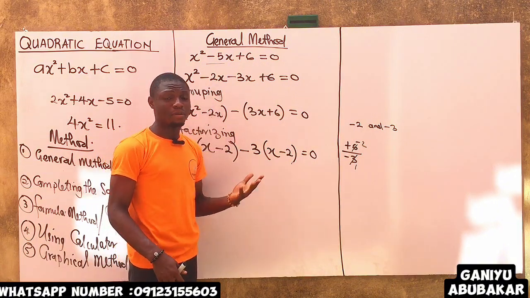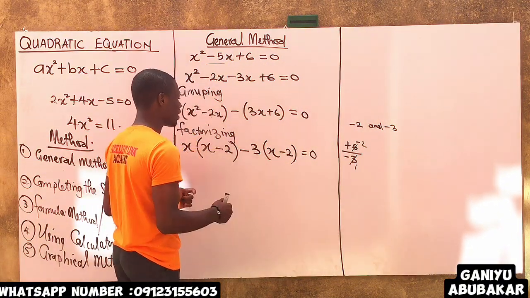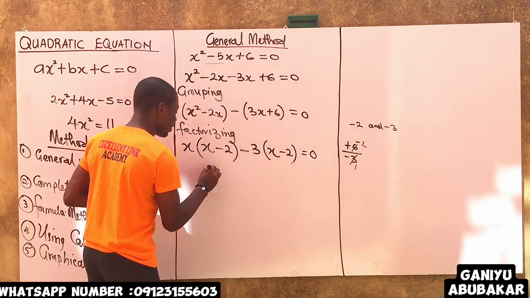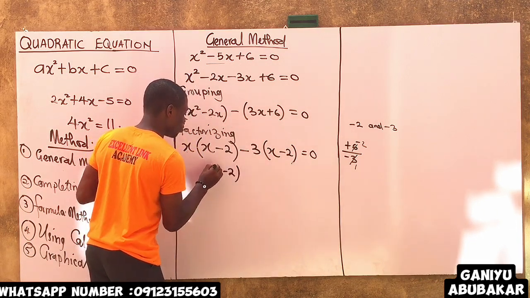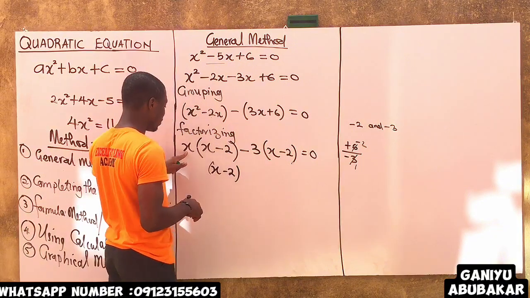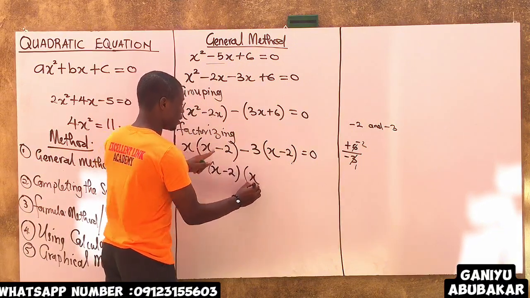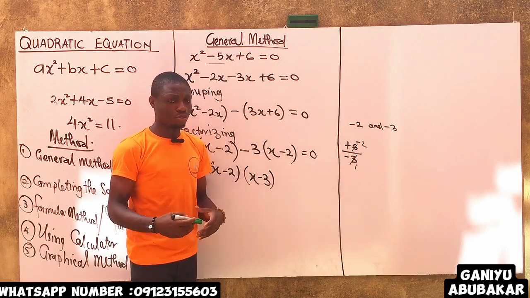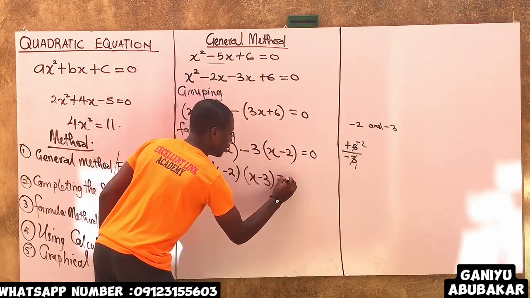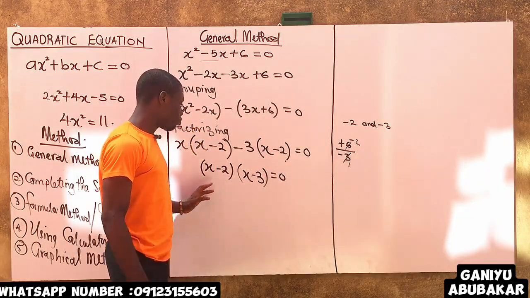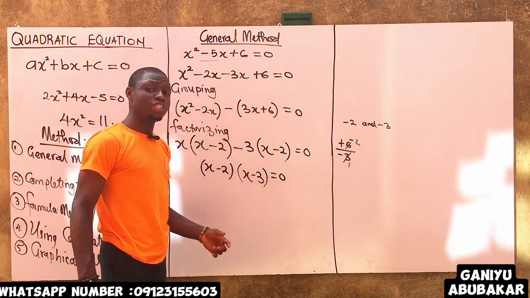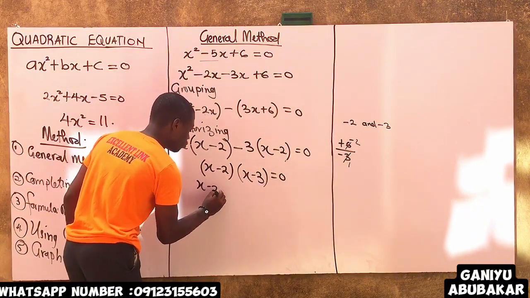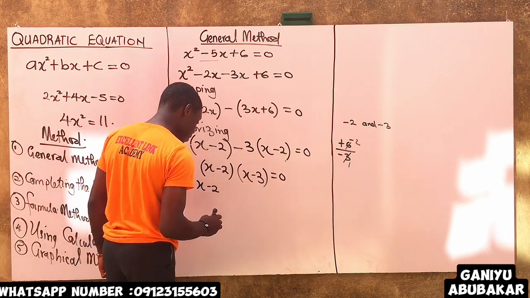Since these are the same, I'll pick x minus 2 as one value, then x minus 3 as the other for my roots. From here, I'll pick the first one, x minus 2, and equate it with 0.